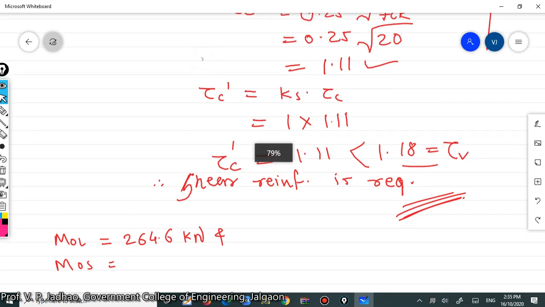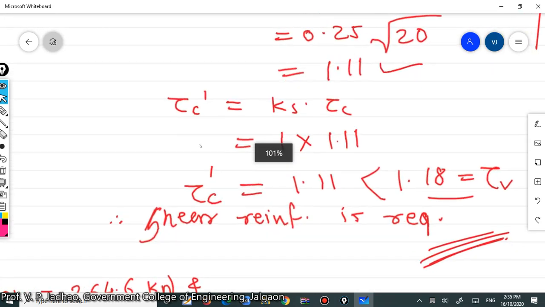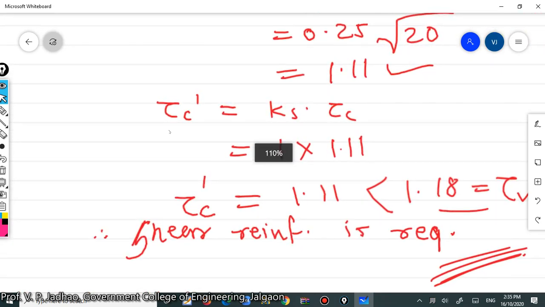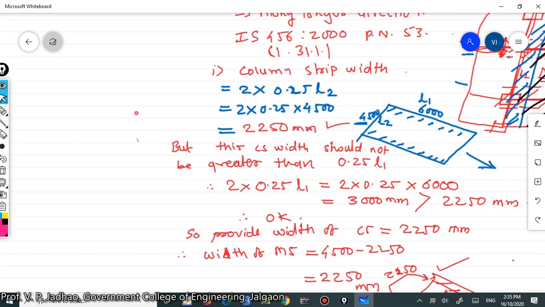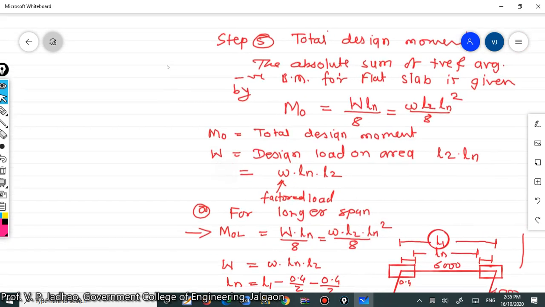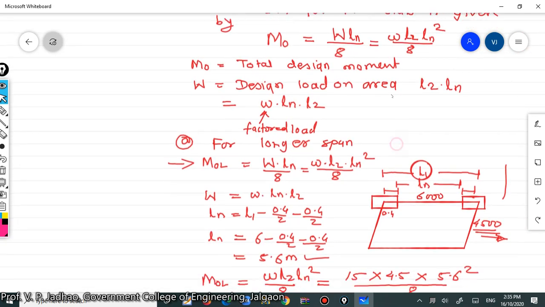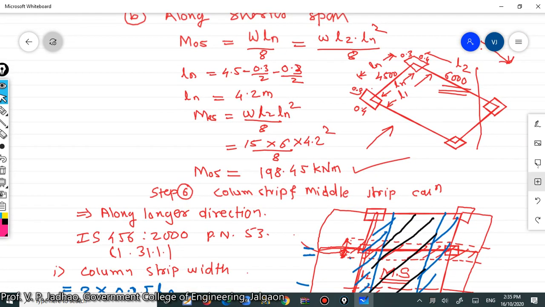And along the shorter direction, we calculated MOS as 198.45 kilonewton meter, which is shown by this blue tick.